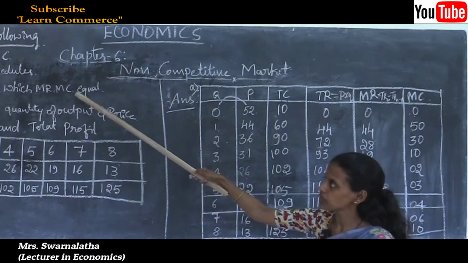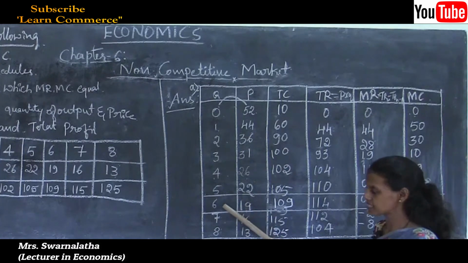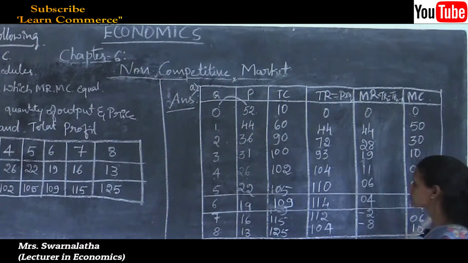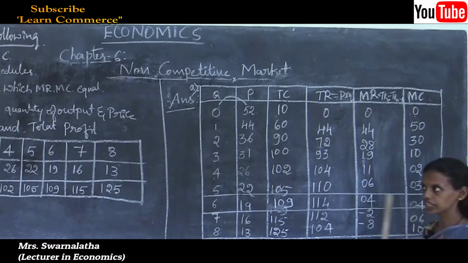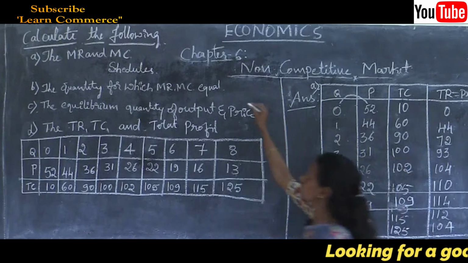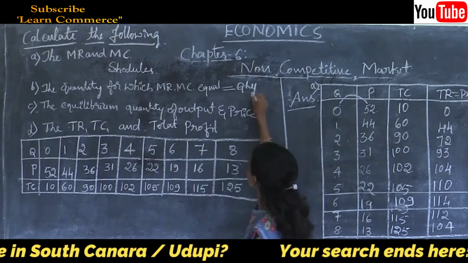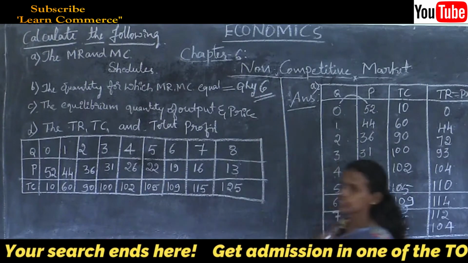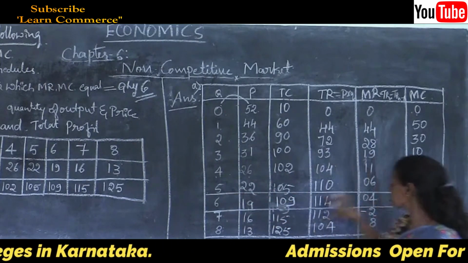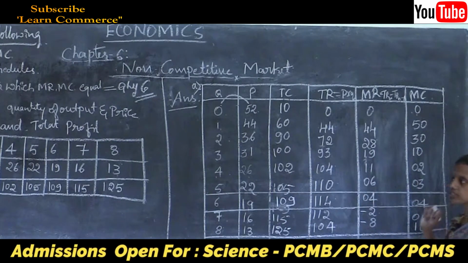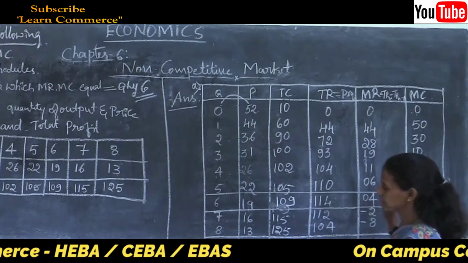For producing quantity 6, MR and MC are equal because both are 4. You should write it in words. So the quantity for which MR and MC are equal is 6. At the 6th unit you can see MR is 4 and MC is also 4. Here both MR and MC are equal.